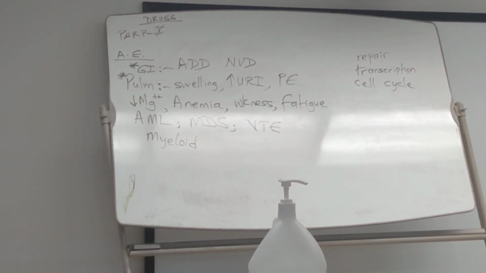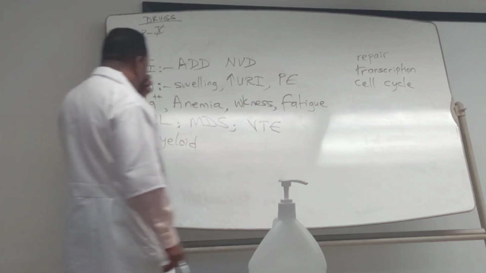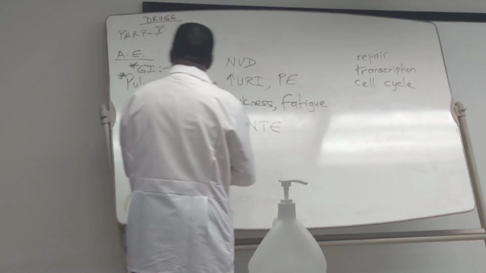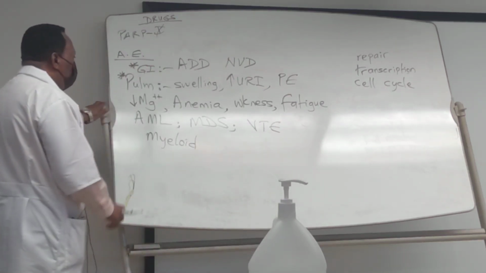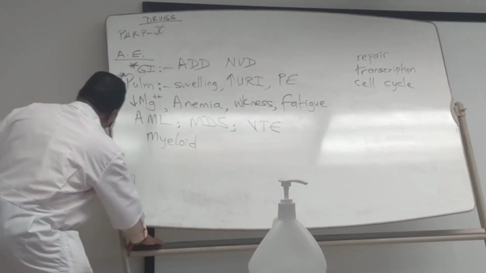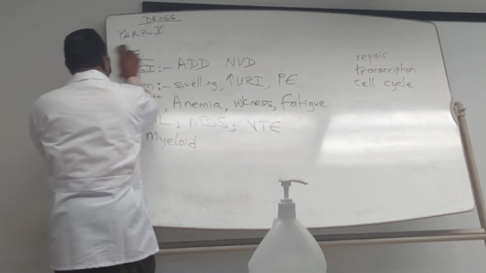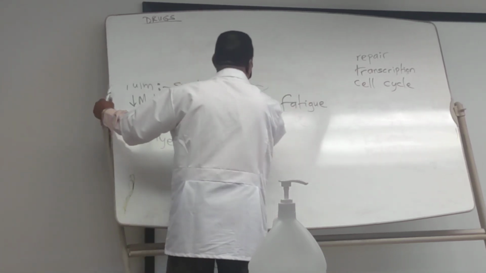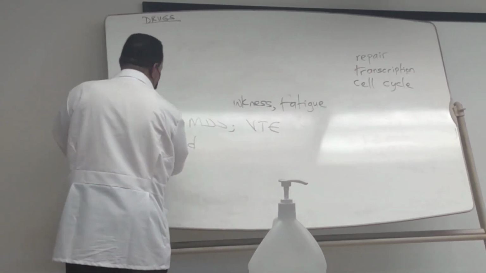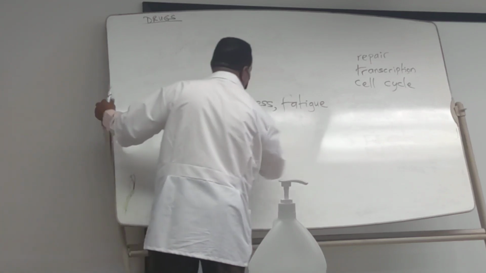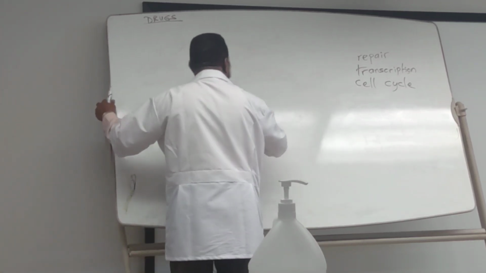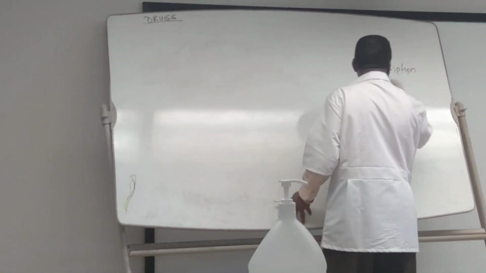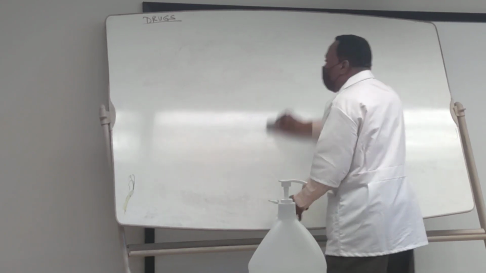So it can cause clots, not only in the pulmonary system, but also just in your venous system. So those are the adverse effects of the PARP inhibitor, particularly olaparib.